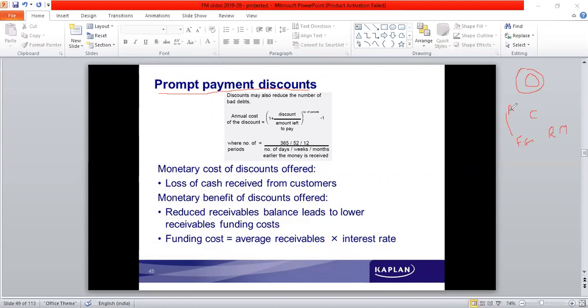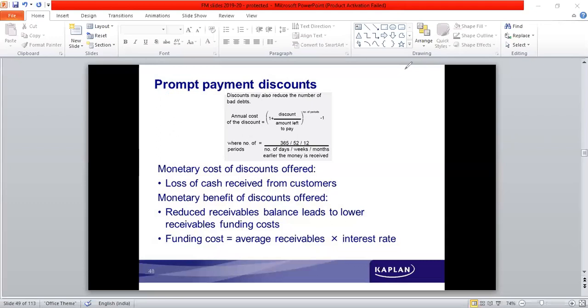So it is extending, and their funds are blocked. That affects their liquidity position, and they are short of funds. They cannot have the funds available with them, so they have to borrow funds from another source. That again will increase their cost of finance. So the benefit is increased sales, but the cost part is that there are more costs which are increased.